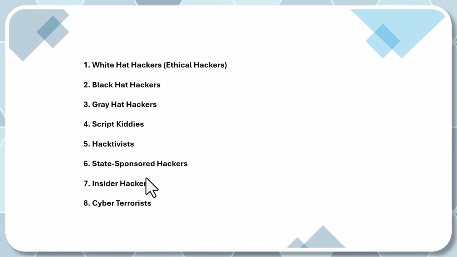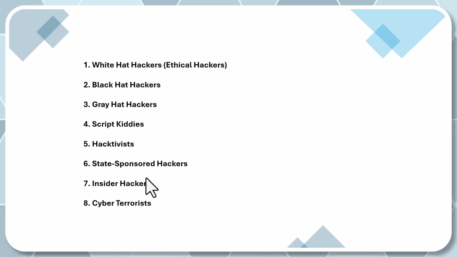Another is gray hat hackers, who are between white hat and black hat hackers, but still dangerous. Script kiddies are persons who have got some script, some Nmap script, and are only running the script and just checking.